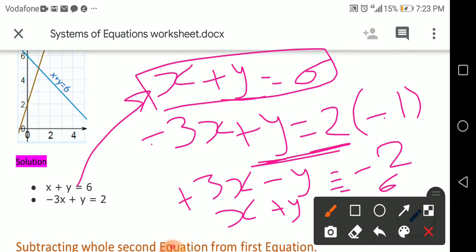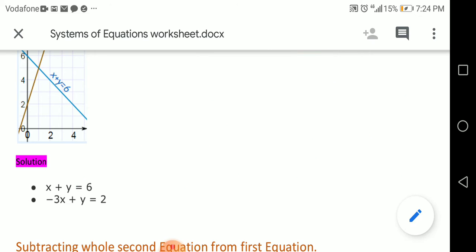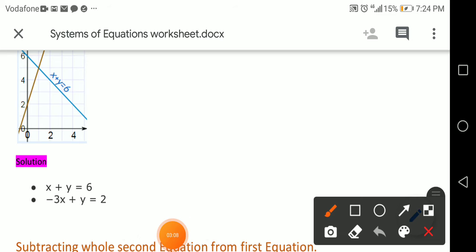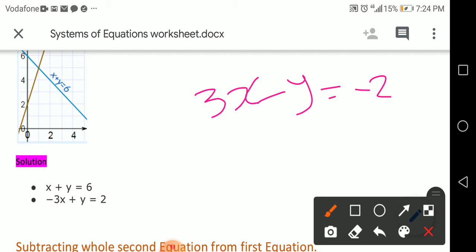Okay, guys? So let's clear this and write it again in a nice way. I have here, as I told you, 3x minus y equals negative 2, after multiplying by negative 1. And I have x plus y equals what, guys?